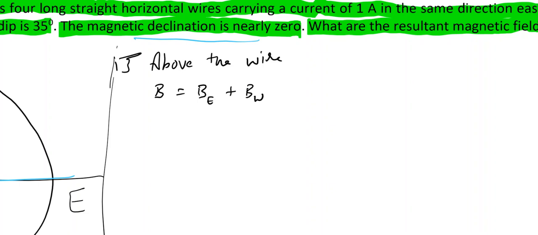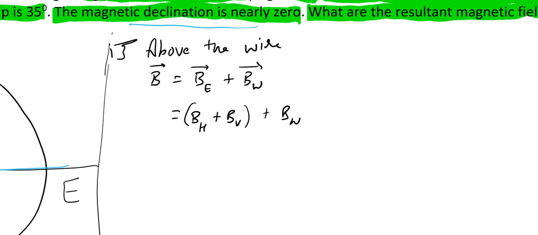But now I have to consider direction also, because there is dip angle, and then this will be a vector sum. So BE comprises of BH plus BV. I'm not mentioning direction, but keep in mind there are some components.